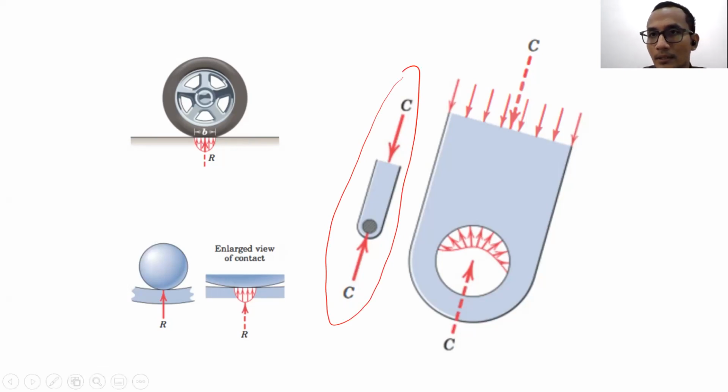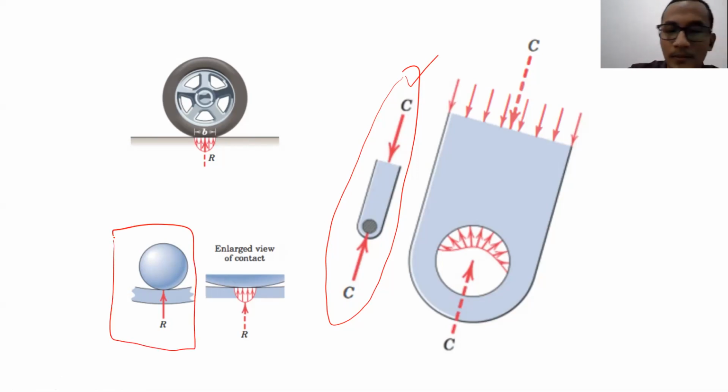Everything that I have told you guys is about this kind of force, concentrated force, happening at one particular point. We assume everything like this, concentrated at one particular point.